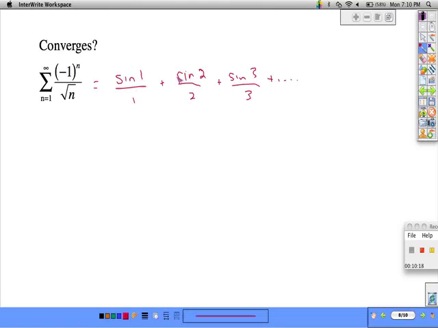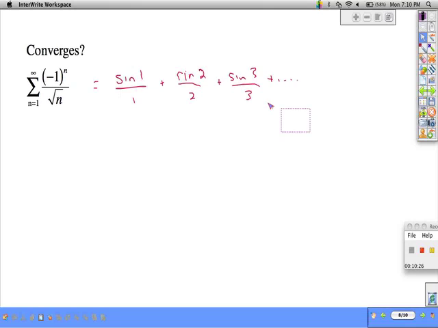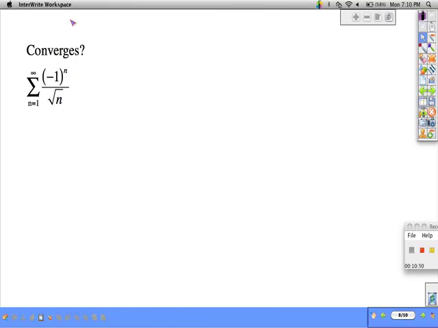And I'm completely looking at the wrong problem in my notes. Let's start this over again. I suppose it helps to read.